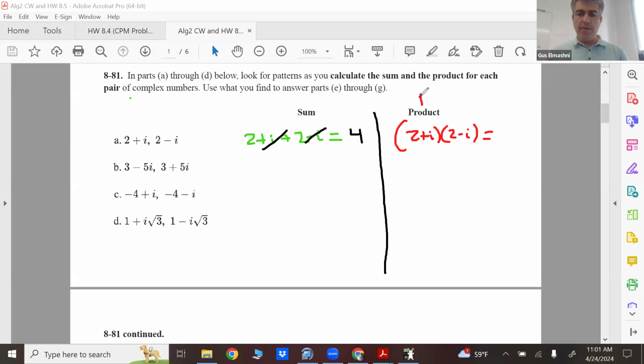In this case, you have to FOIL. 2 times 2 is 4, minus 2i, plus 2i, minus i squared.